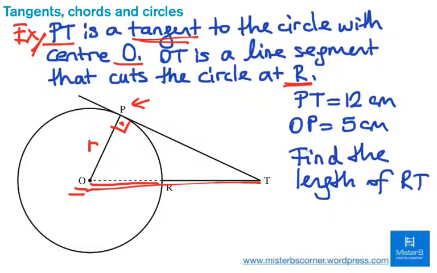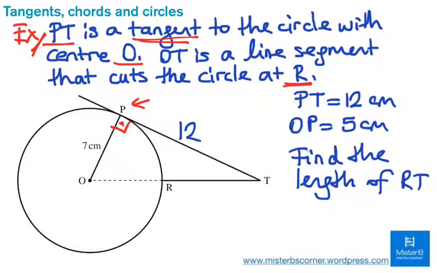So this also tells us another thing. O, R, and T are on the same line. This is not a broken line. This is a complete line. So this is the hypotenuse, basically, of this right triangle. PT is given, which is 12, so let's write here, this is 12 centimeters. OP is given as 5 centimeters.